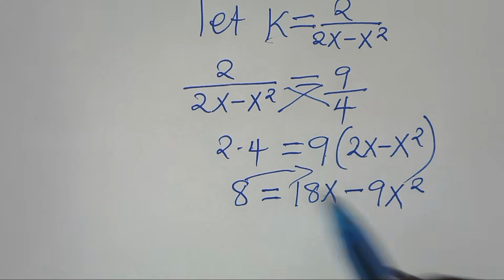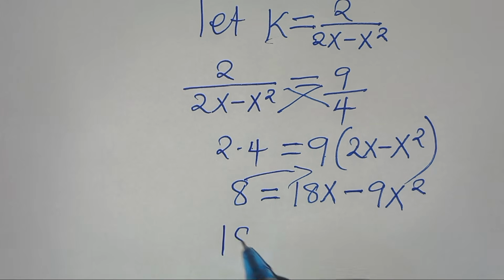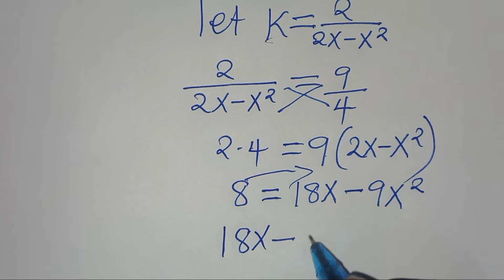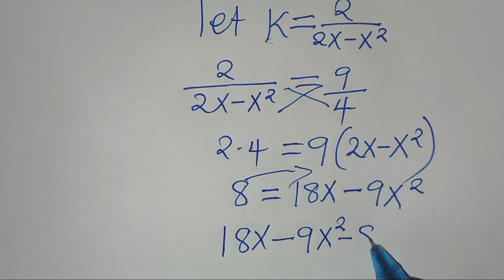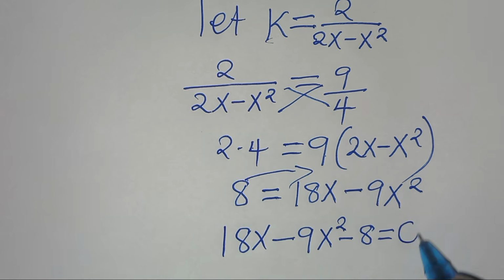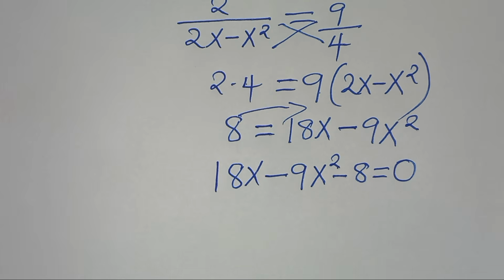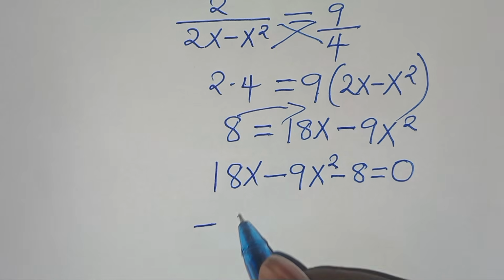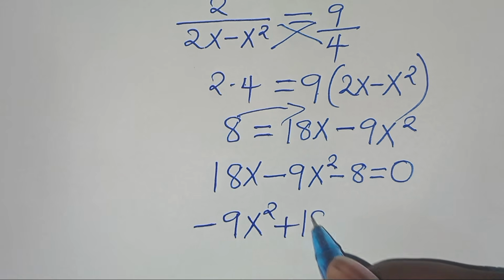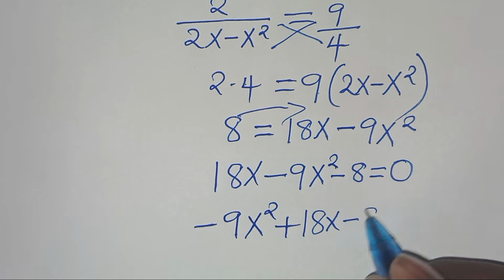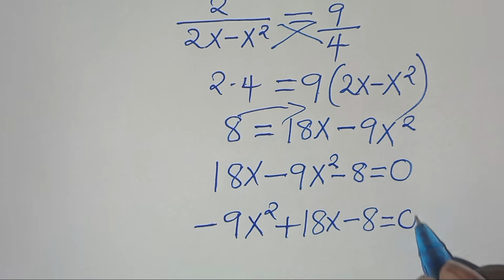Let's take 8 to the right hand side so that we have 18x minus 9x to the power of 2 minus 8. This is equal to 0. Rearranging this equation, we have negative 9x to the power of 2 plus 18x minus 8. This is equal to 0.